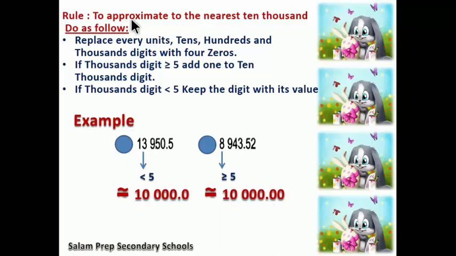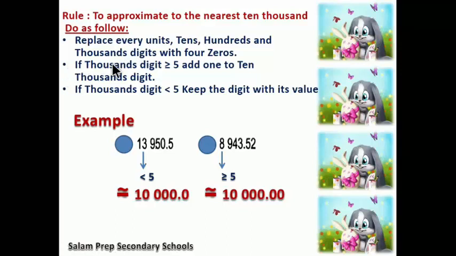To approximate to the nearest 10,000, do as follows. The first one, replace every units, tens, hundreds, and thousands digit with 4 zeros. 0 in units, 0 in tens, 0 in hundreds, 0 in thousands.